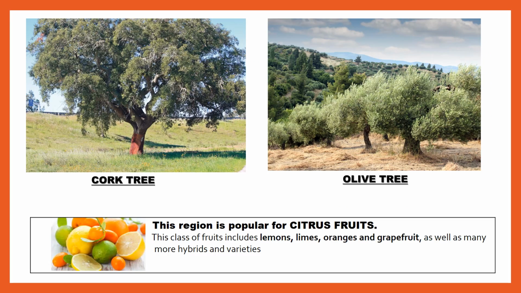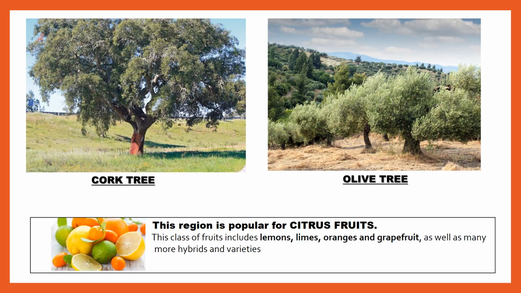The vegetation found in the Mediterranean type is typically adjusted to the long summer drought, and olives, oak, cork trees are found here. This region is also known for citrus fruits.